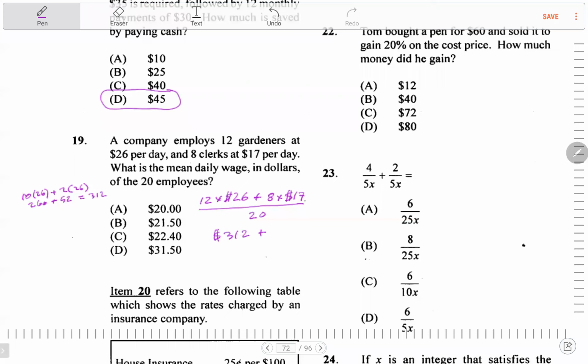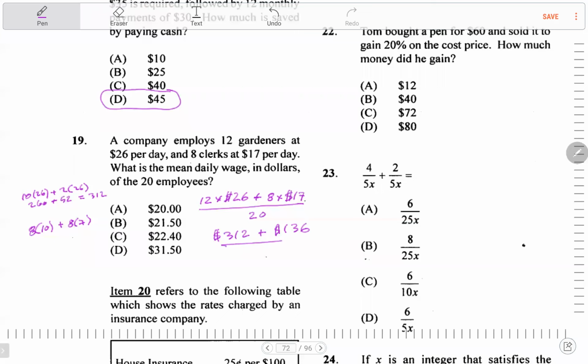Plus the 8 times 17 now. The 8 times 17 is really 8 times 10 plus 8 times 7. That's 80 and 56. So that's 136.